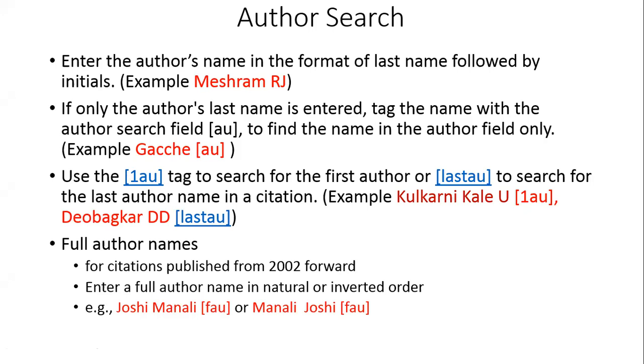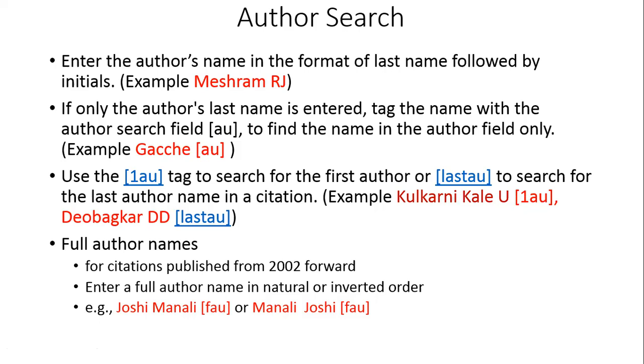Alternatively, you have other tags available, like 1AU. This allows you to search for that author at the first position in the list. Or the tag LASTAU enables you to search for that author at the final position.